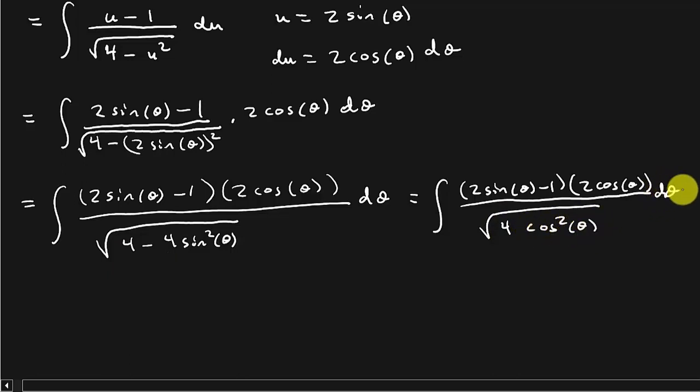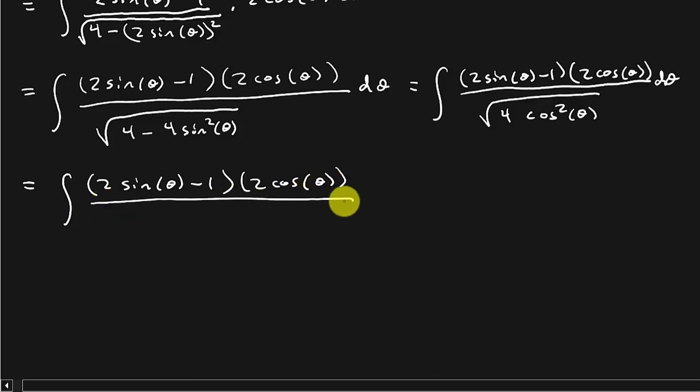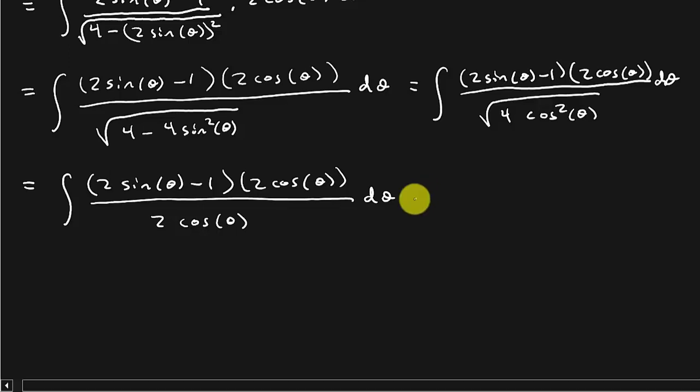That's cosine squared d theta. And so this is going to be the integral of 2 sine theta minus 1 times 2 cosine theta over 2 cosine theta d theta.